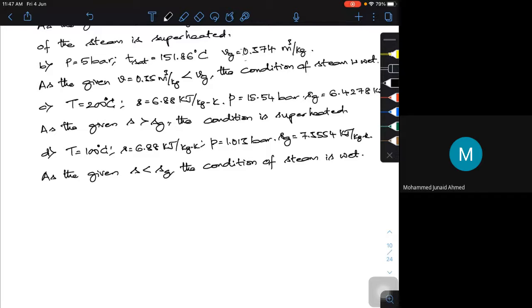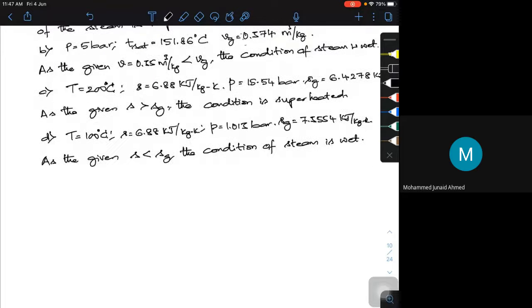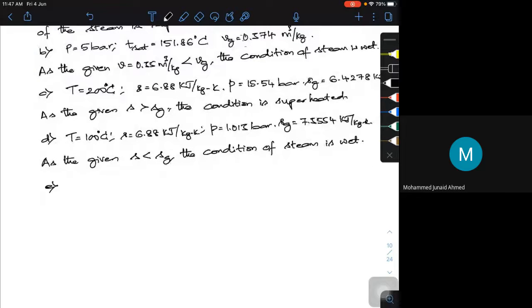Now the last one, which is E. Here I have given the pressure, that is very low pressure. Pressure is equal to 10 kilopascals.